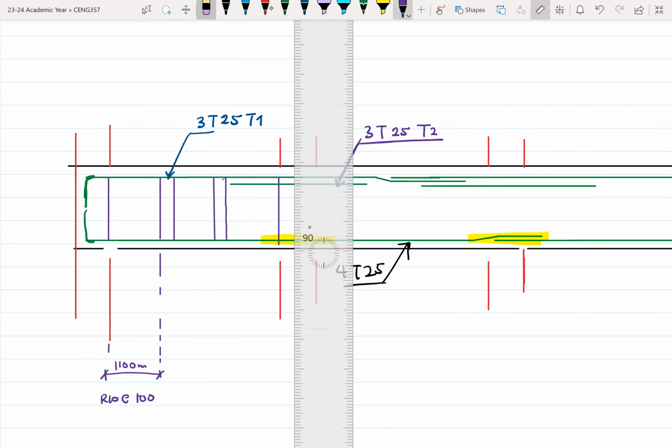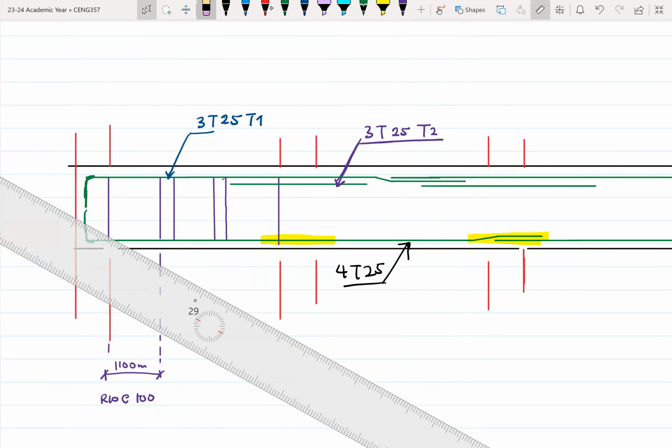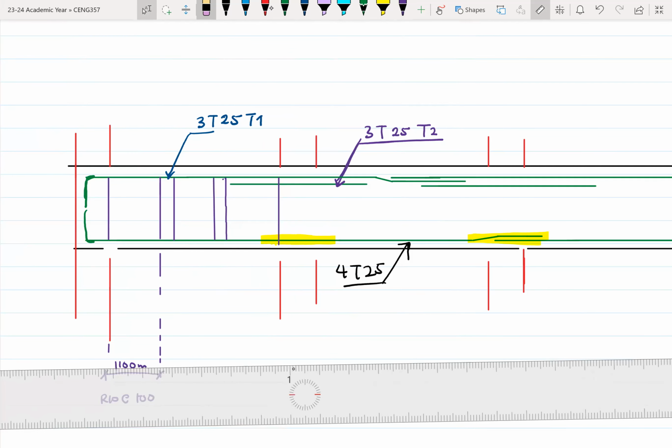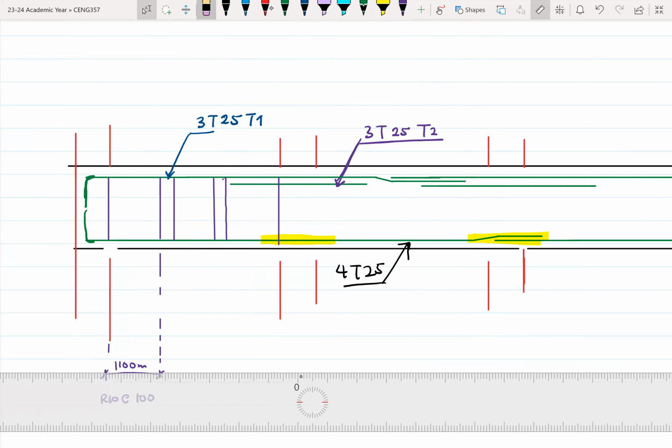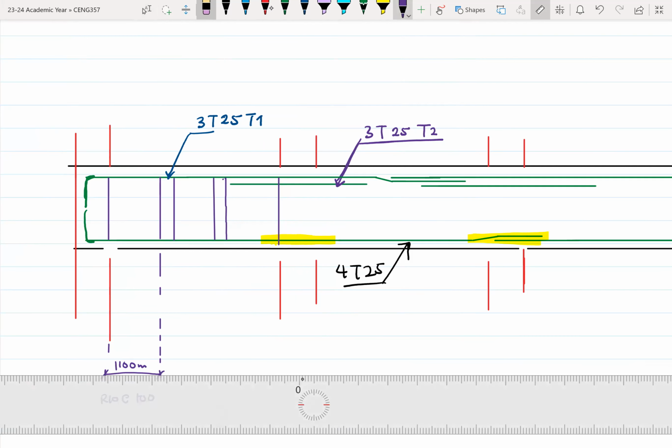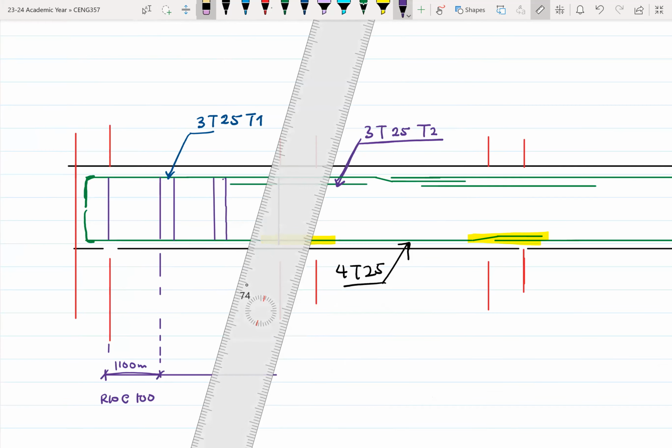I'm just trying to draw a few things so that it's easier for me to work my way around it. So just give me a second. Okay. So let me just, this is interesting. Okay. I hope everything looks good.